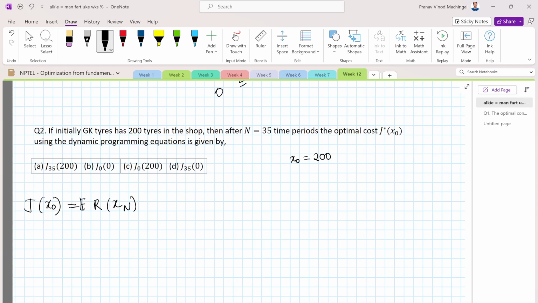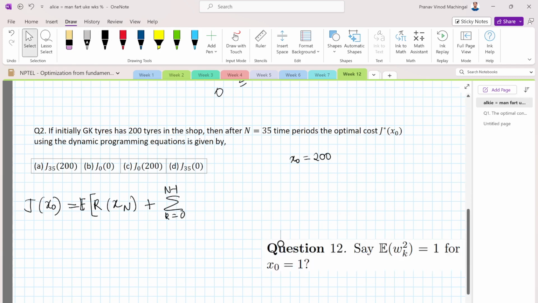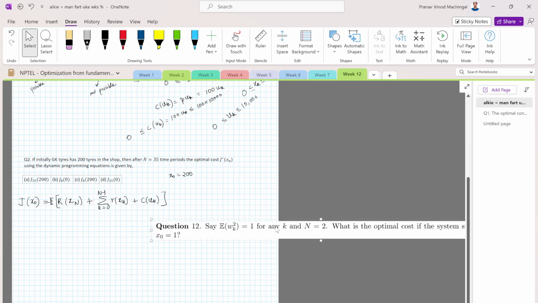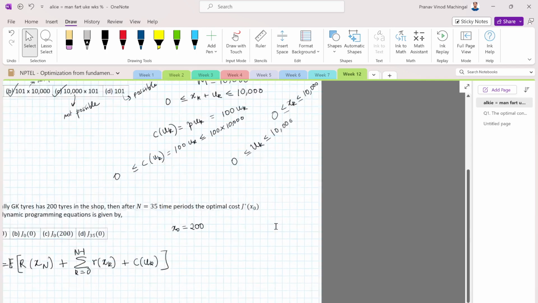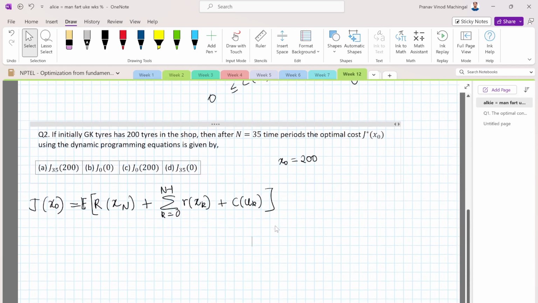You can say this is the expected cost, r of xN plus the summation from k equal to 0 to N minus 1 of the other costs, r of xk plus c of uk.